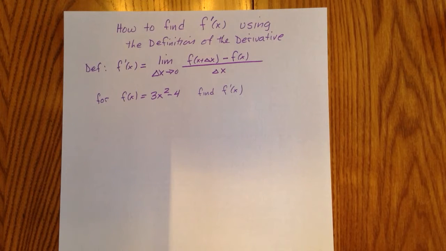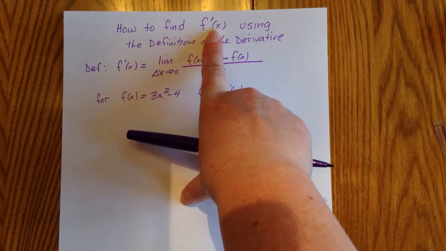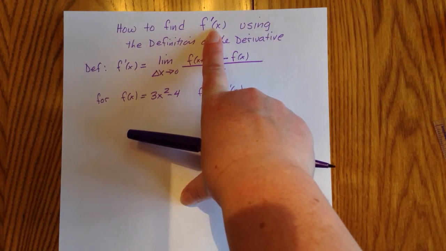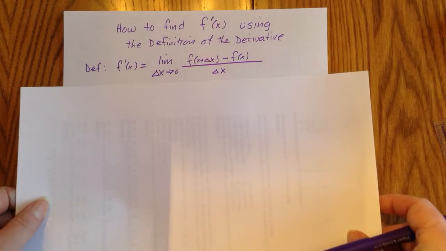This is a how-to video, not on how to improve your life, although perhaps this will, but how to find f prime, the first derivative of f, using the definition of the derivative, which begs the question, what's the definition of the derivative? Luckily, in a previous video, we went through where this definition came from.